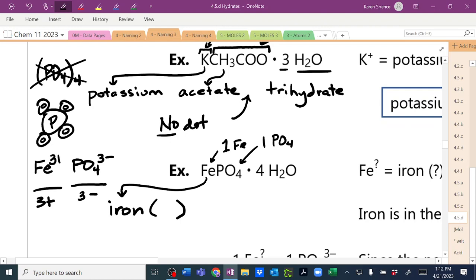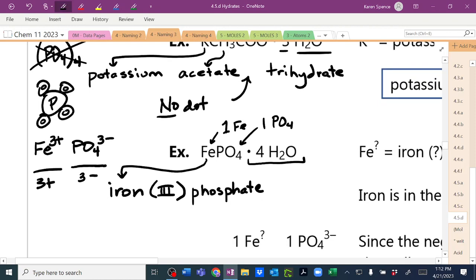It all goes on the iron, so we have iron 3 phosphate. And that would be all you would need for quiz 5, but we are doing some hydrate stuff. So we would now not add a dot, that's just for the formulas, but we have 4, which is tetra, and then hydrate.